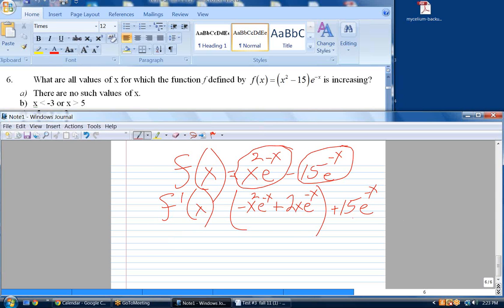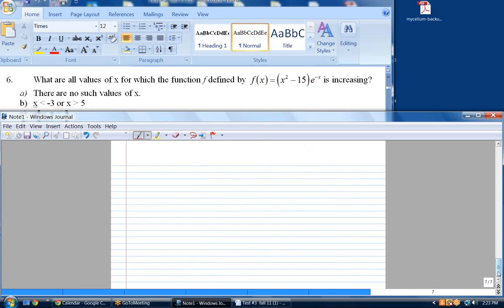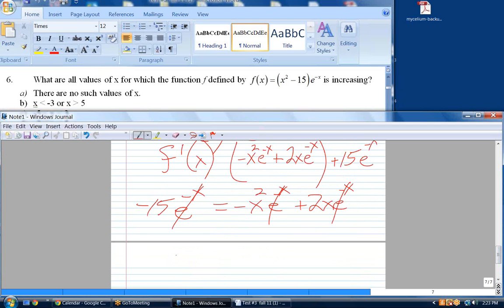So let's move this minus 15e to the minus x to the left side. We're going to leave everything else. You're going to see that we're going to be able to divide out an e to the minus x from every piece. Yeah. So that crosses with that and that. And what do we have left here? We have minus 15 equals, I'm going to factor out an x, minus x times x plus 2.